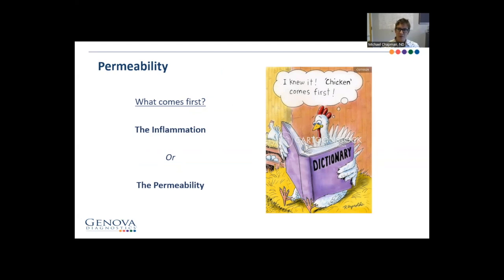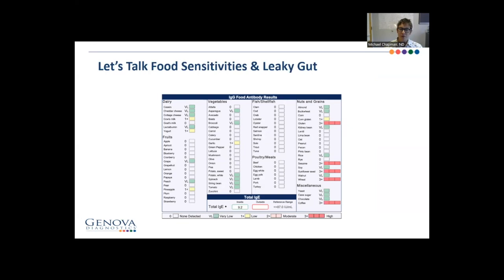And I think this is something we have yet to unwind, because what we often find, if you're doing something like an IgG food sensitivity test, is that the things that a person is commonly reactive to are actually the things that they're eating. And if you're finding this thing is lit up like a Christmas tree, then that's a permeability issue, because as there's permeability, there's leakage of whatever proteins, peptides from the food that a patient's eating into the bloodstream.